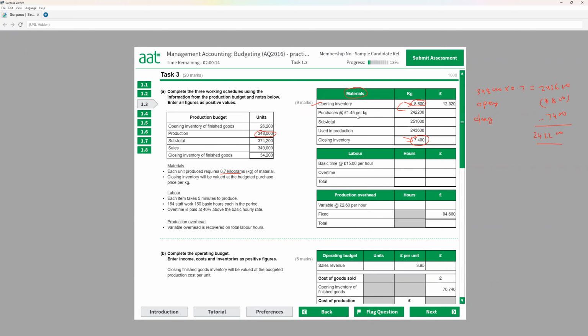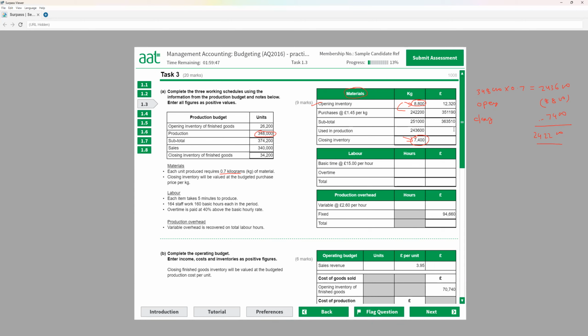So for 242,200 times 1.45, that will give us 351,190. And the subtotal is adding this to opening plus purchase, and that will give us 363,510.